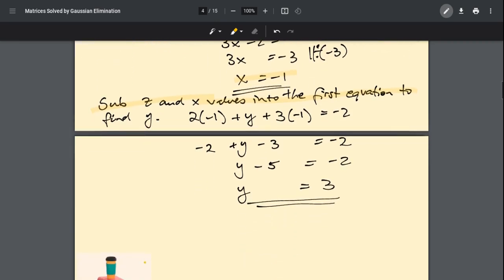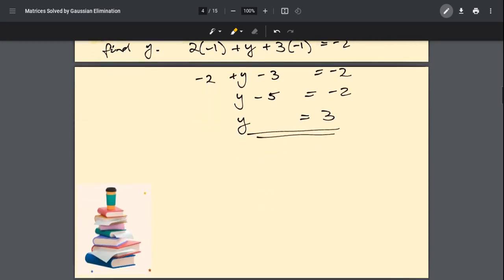So let's list what we found as an ordered pair. The solution would be x, y, z, and it would be -1, 3, -1.